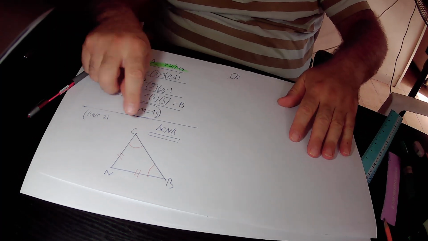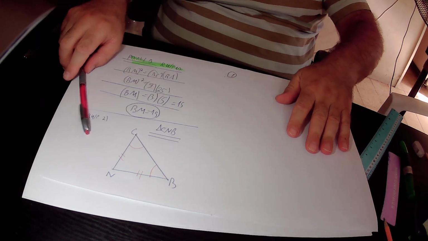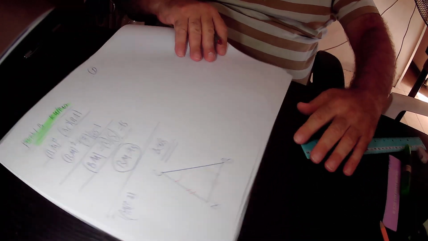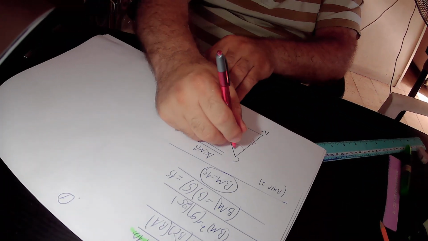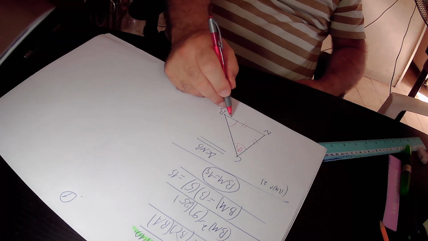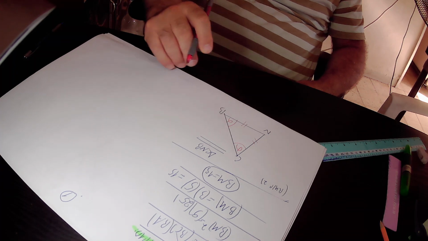So if we define the size of this angle NCB as alpha, then the size of this angle CBN must also be equal to alpha, according to the rule that I mentioned.